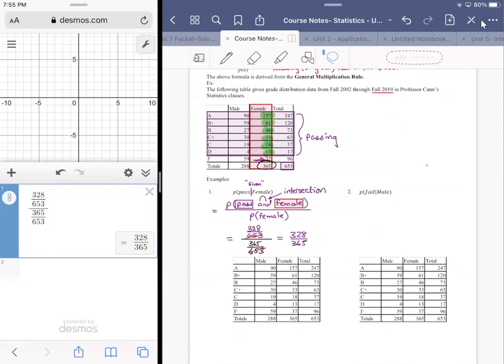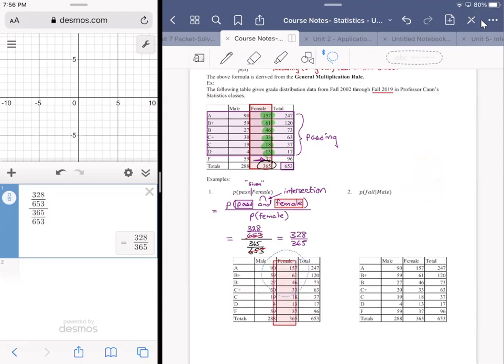So this is saying, given that we're dealing only with the females, right? So we want to know the probability of getting a passing grade. So if you look at this as saying, knowing that the individual selected was a female, so that's a given fact, what's the probability of passing?